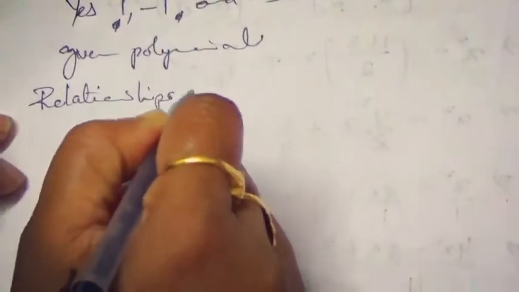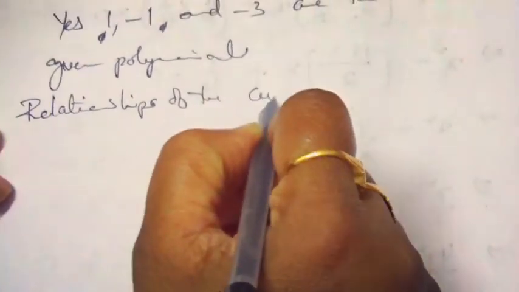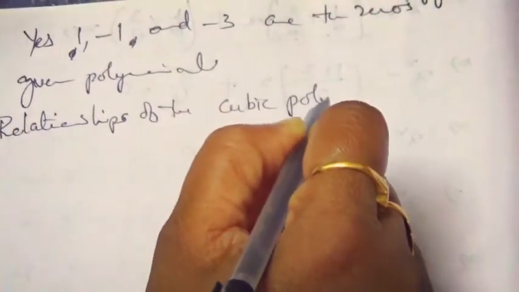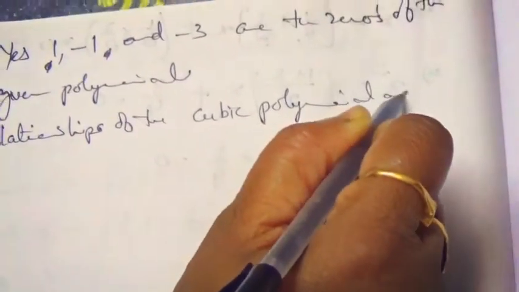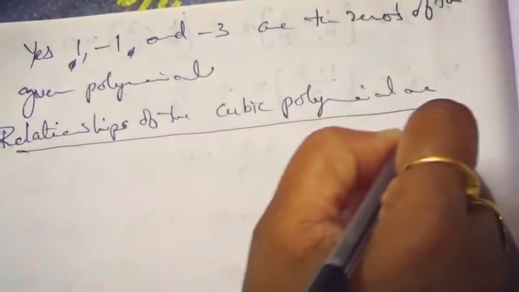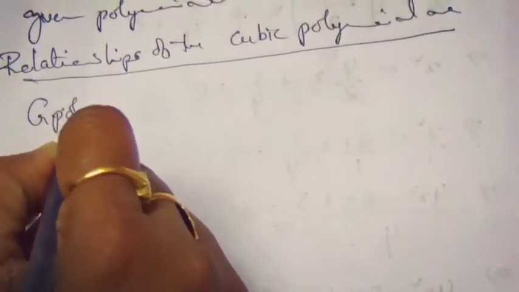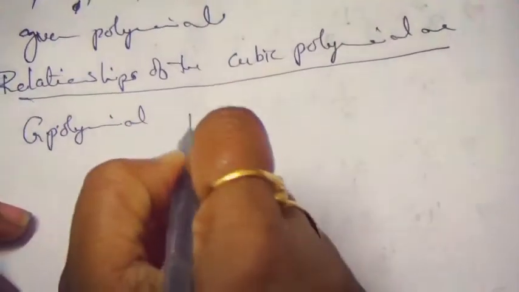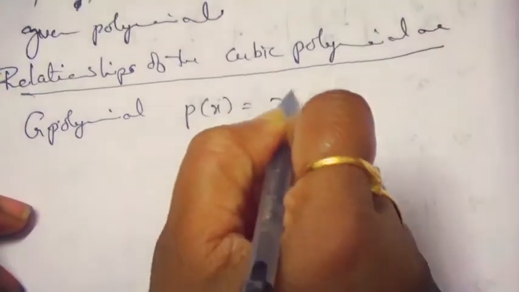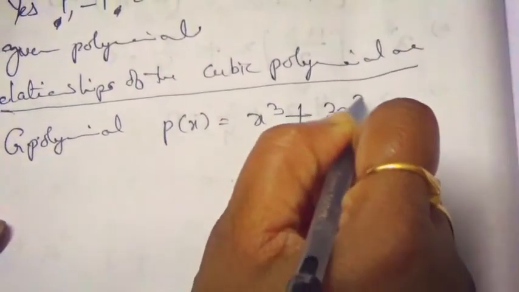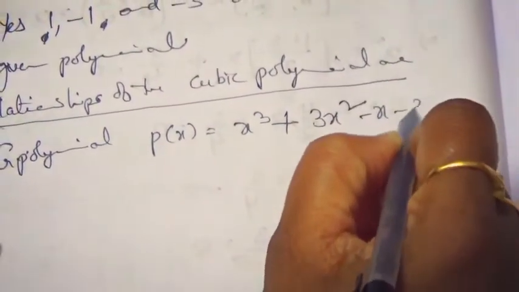The relationships of the cubic polynomial, or relationships of the given polynomial are. So first of all, the given polynomial p of x is equal to x cube plus 3x square minus x minus 3.